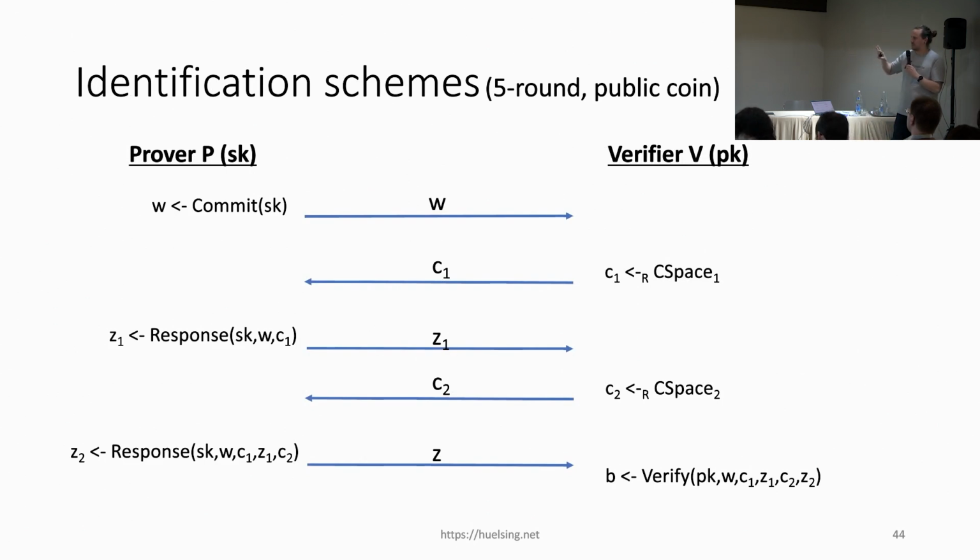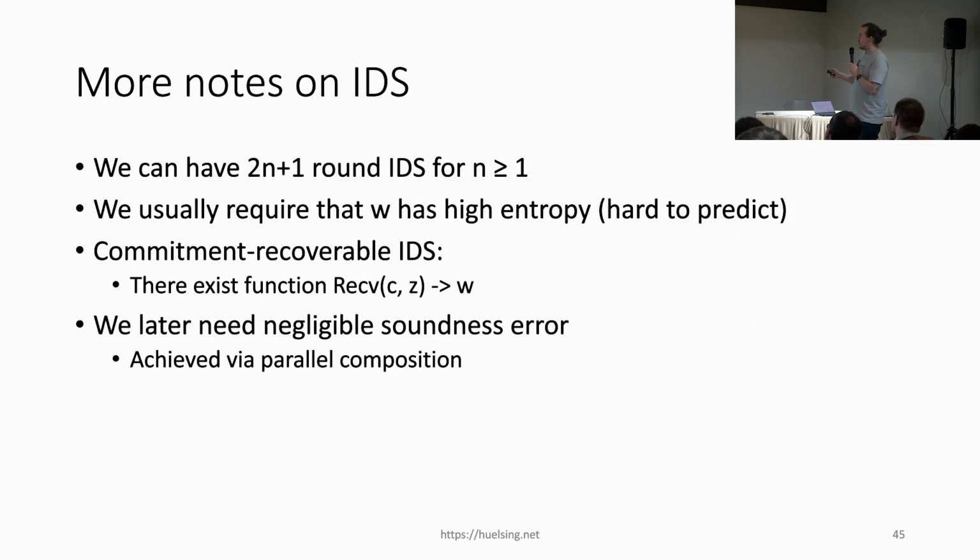You can actually have multiple round schemes. So in a post-quantum setting, you will see a lot, at least 5 round schemes. I think all the protocols in the current signature on-ramp are at least 5 rounds, if not more. And so this can actually go to 2n plus 1 rounds for arbitrary n greater than 1.